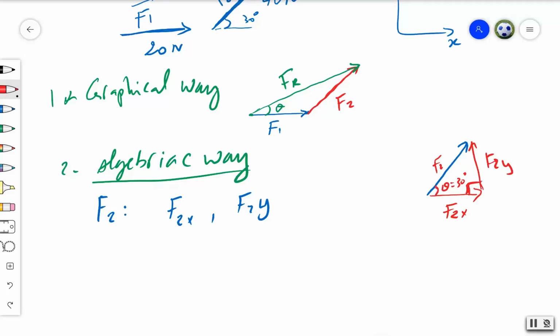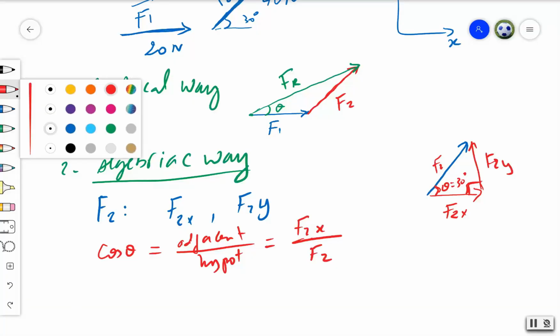Looking at this theta here, cosine theta equals the adjacent over the hypotenuse. And this gives me F2x over F2.